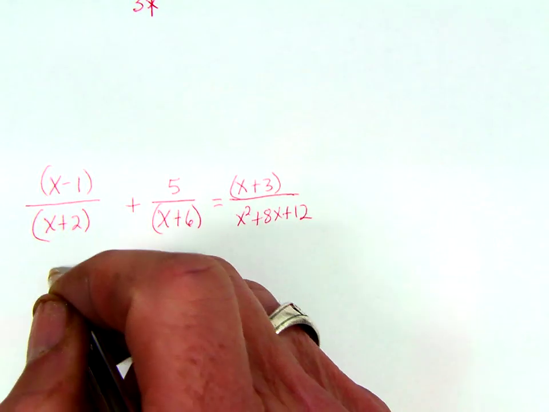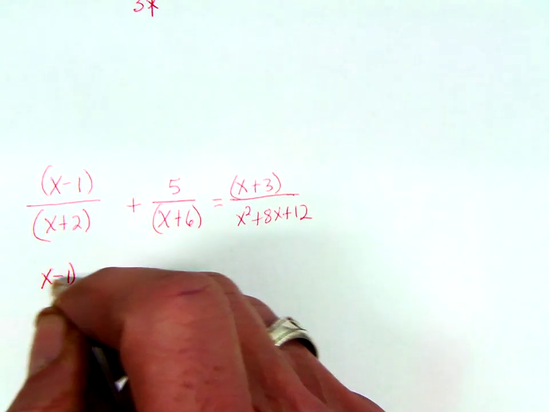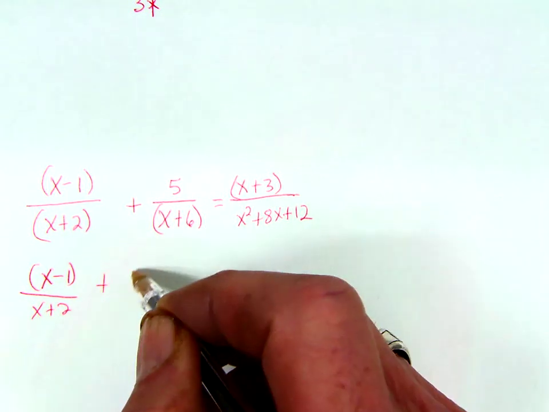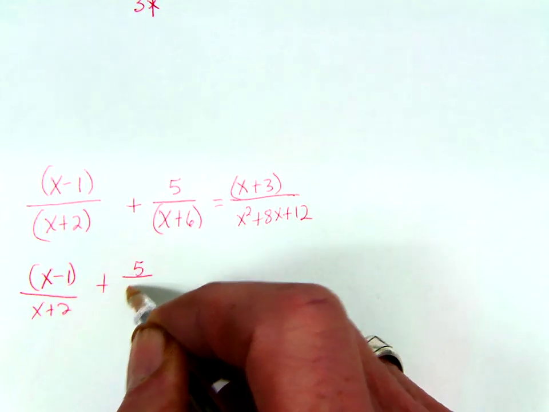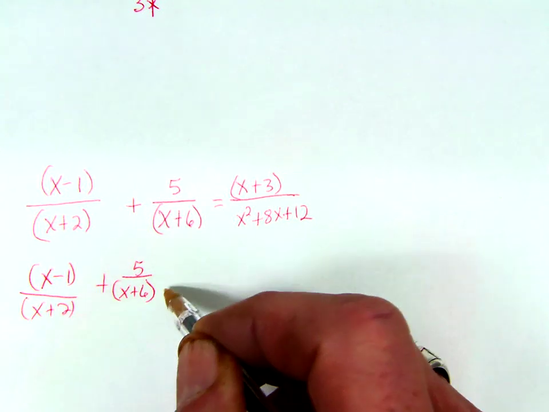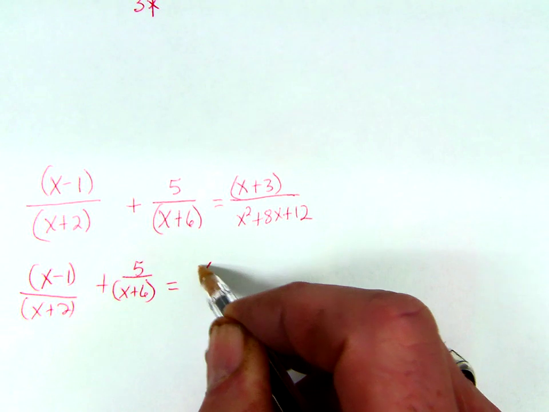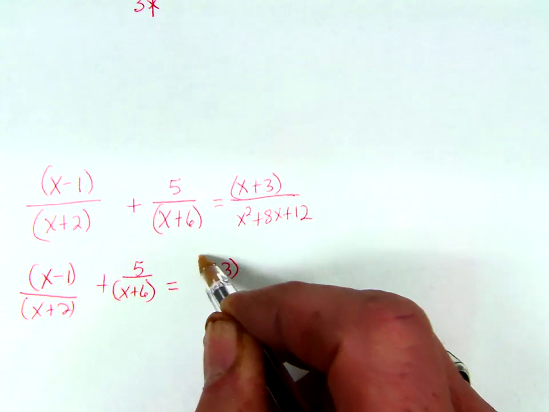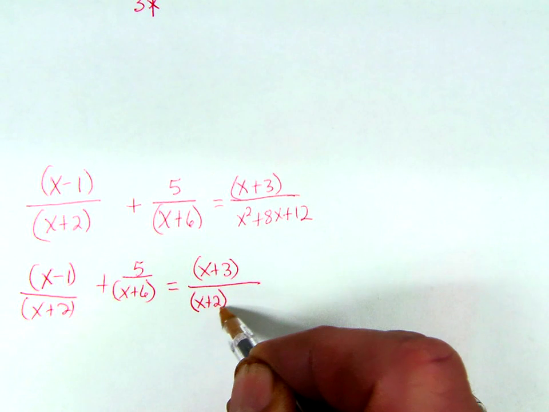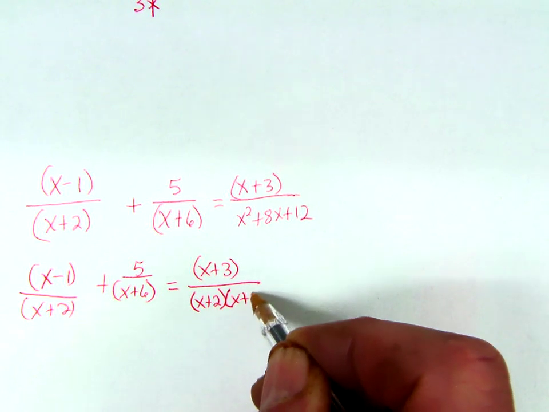So let's rewrite that. X minus 1 over x plus 2 plus 5 over x plus 6 equals x plus 3 over x plus 2 times x plus 6.